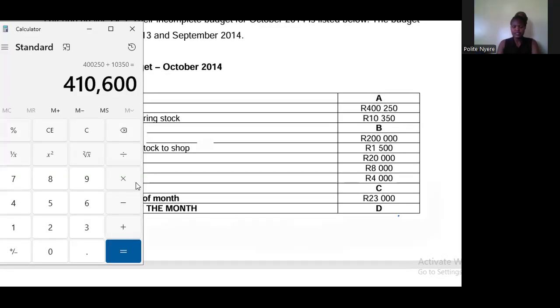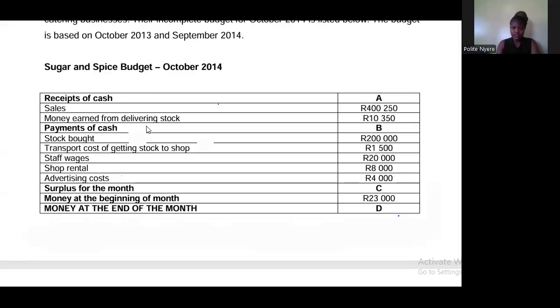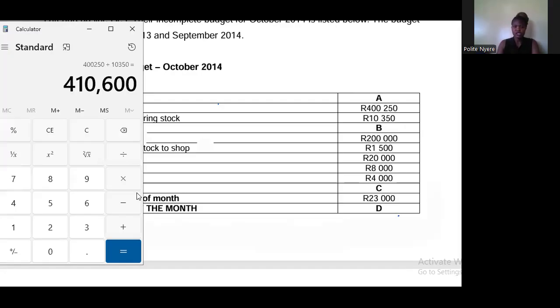Let's add those figures that we have there. We're going to add the stock forward, transport, cost of getting stock, staff wages, shop rental, and advertising costs. Those are our payments. So let's add 200,000, 1,500, 20,000, 8,000, 4,000.